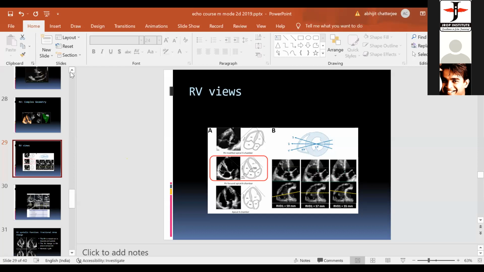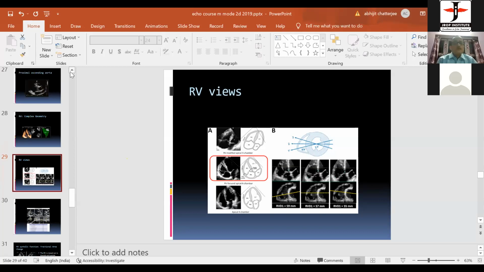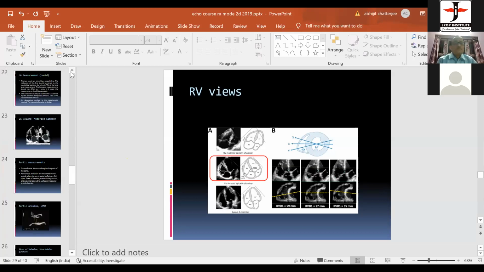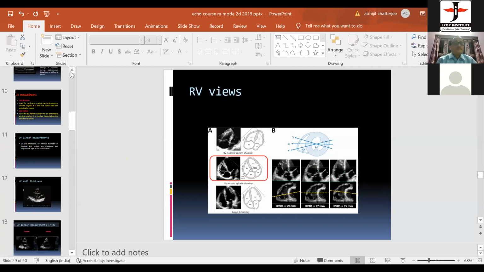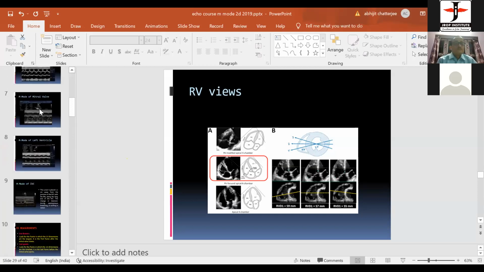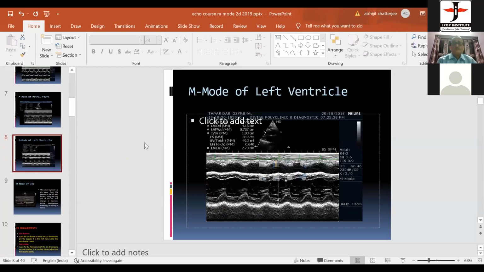Dr. Rahul Gore. Sir, can you just elaborate again the measurements in M mode, left ventricle? Yeah, I'll show you. See, this is the peak of the R wave, that is end diastole, from leading edge to leading edge, septum.